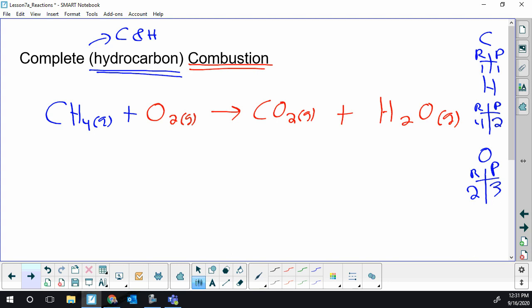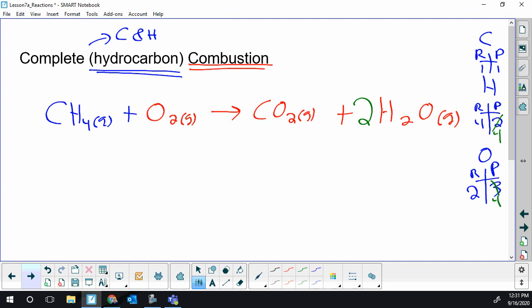Okay. So our carbon started off okay. Hydrogen isn't balanced. We have 4 H's. We have just 2 of them here. So I'm going to have 2 waters and double our H. That also doubles our oxygen here. We still have 2 there, and now we've got 2 here.